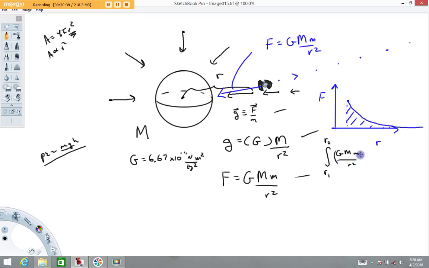Right now I want work, so that's force times distance. We're going to call that a dr. This is all constant, so it can come out in front of the integral. The integral of 1 over r squared dr is minus 1 over r. Whoops, and that reminds me, I got to go back just a little bit here.